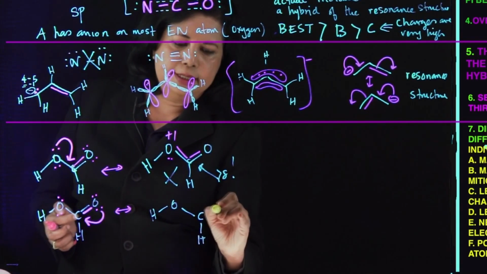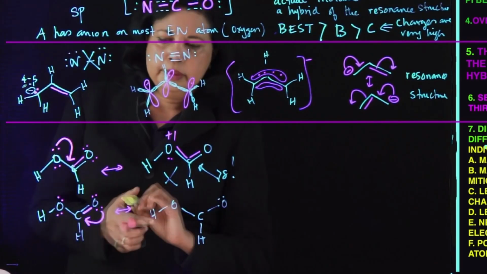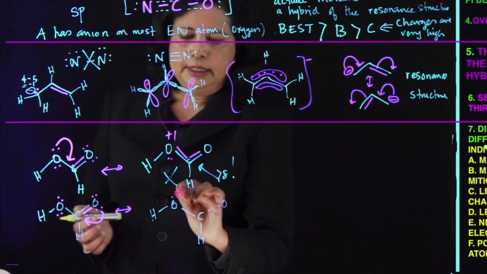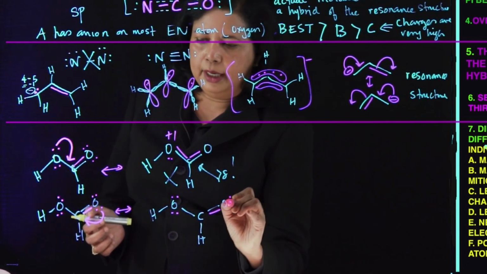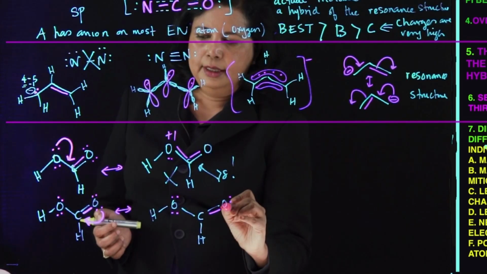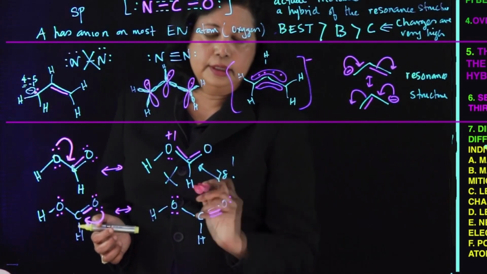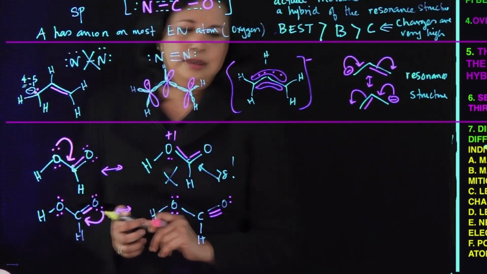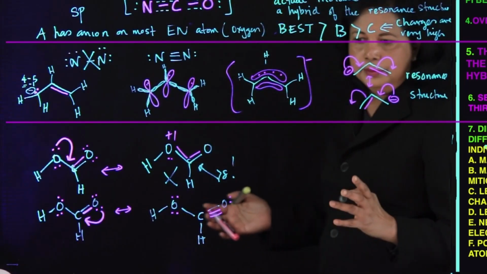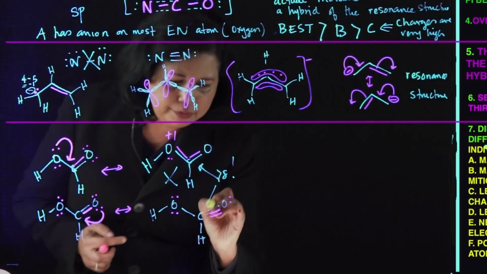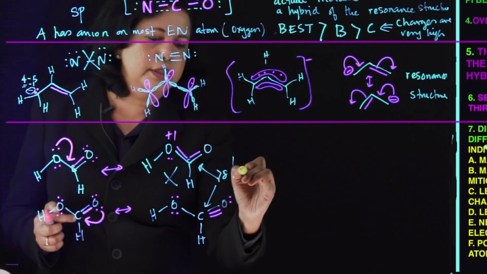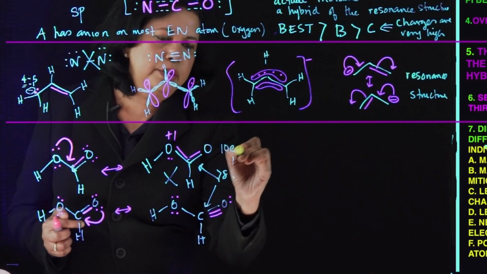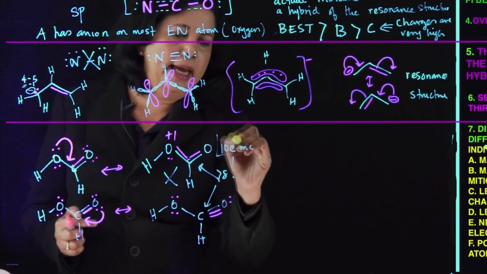Let's try that. So oxygen, one of the lone pairs comes down and makes a pi bond. I'm going to draw it here. Is that correct? Same problem as before. Look at that. 10 electrons on carbon. That's bad.